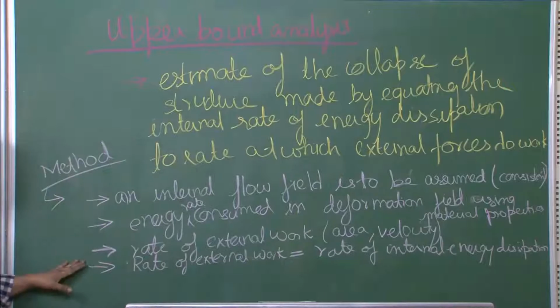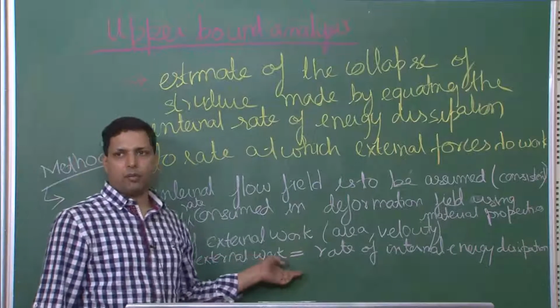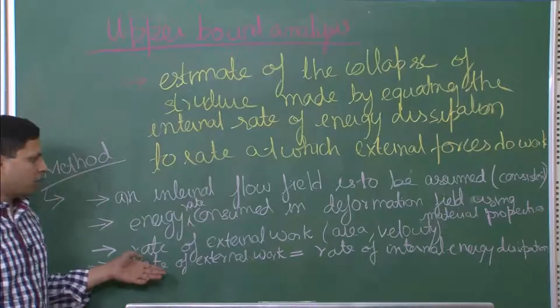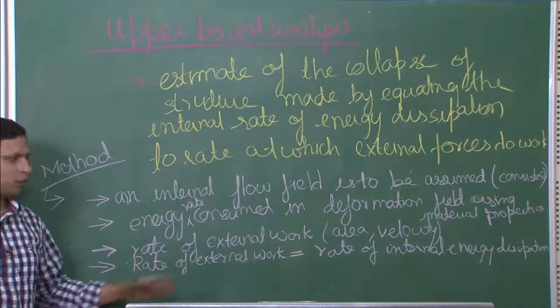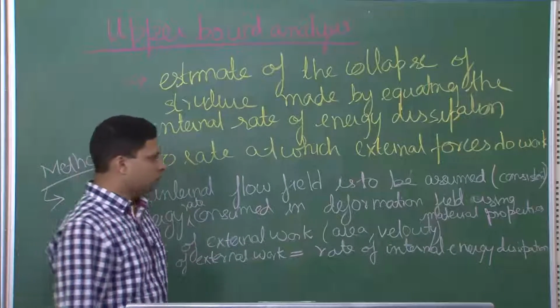So, in these 4 steps you would be able to get an equation, and from that equation you will be able to obtain a relation for pressure or stresses in terms of property parameters and mostly the velocities.